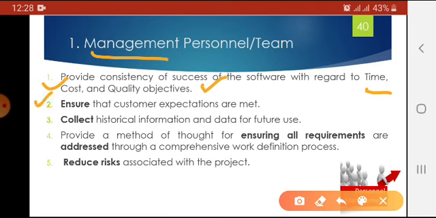They have to ensure that customer expectations or requirements are met. They have to collect historical information and data for future use.